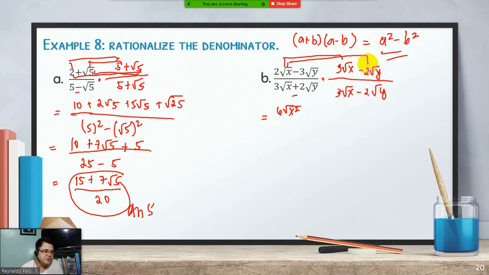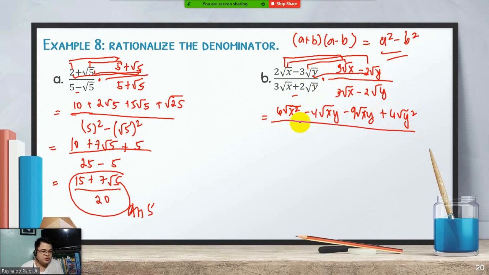Outer terms, we have 2 square root of x times negative 2 square root of y is negative 4 square root of xy. Inner terms, we have negative 3 square root of y times 3 square root of x, it's negative 9 square root of xy. Then last terms, we have negative 3 square root of y times negative 2 square root of y is positive 6 square root of y squared.